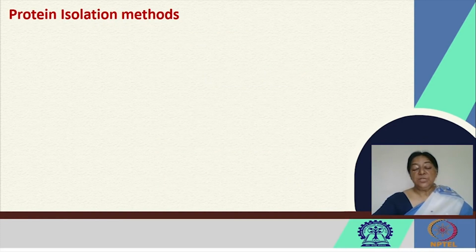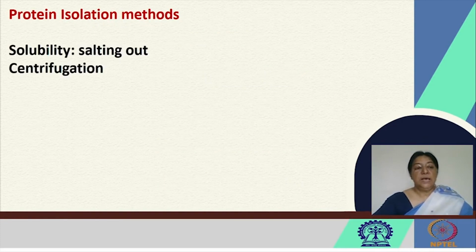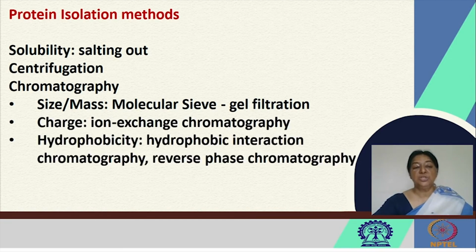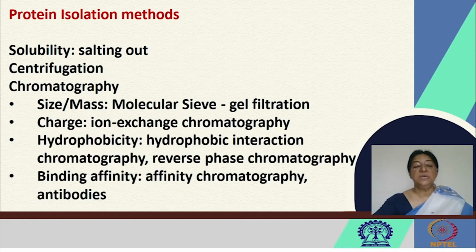In protein isolation methods, there is salting out, centrifugation, chromatography. In chromatography, there are different types that we'll be doing in the subsequent lecture, where we will be looking at separation based on gel filtration, based on charge, based on hydrophobicity, and based on binding affinity.